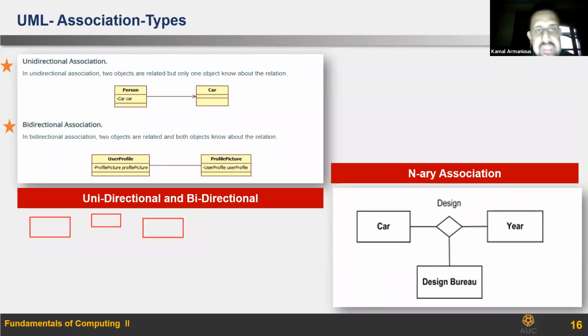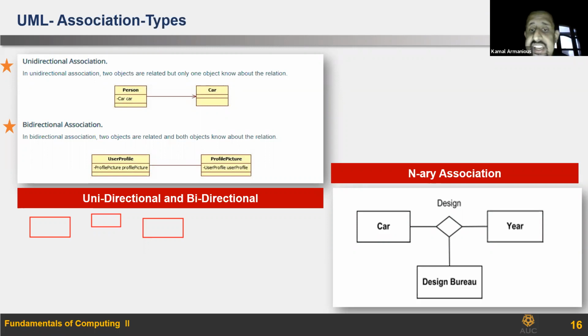The person and the car is basically a unidirectional association. For a bidirectional association, on Facebook you have a user profile, and the user profile has a profile picture, and this profile picture exists in the user profile.